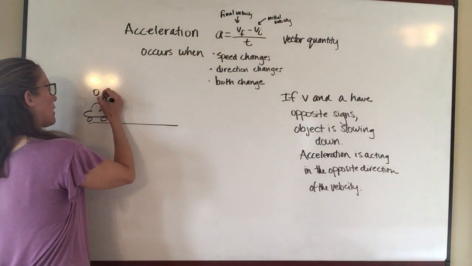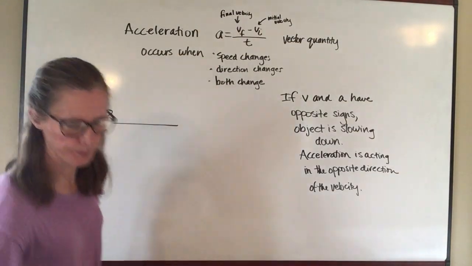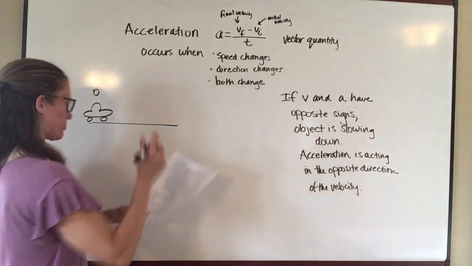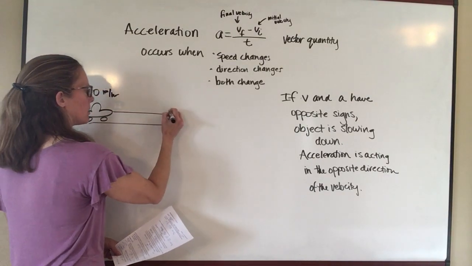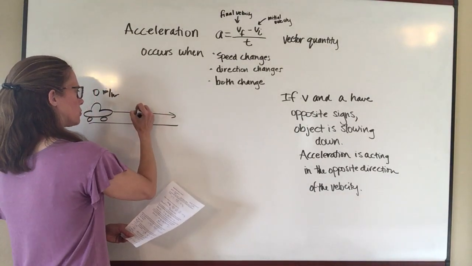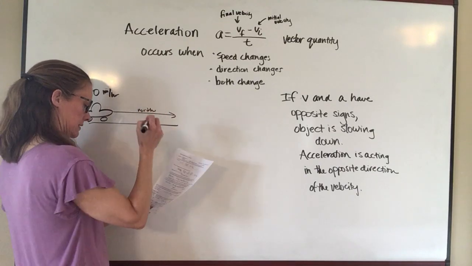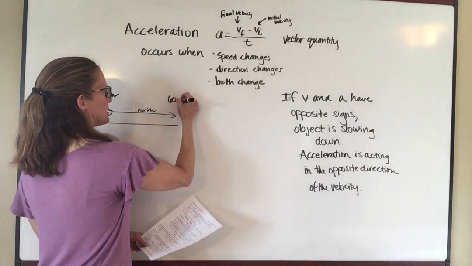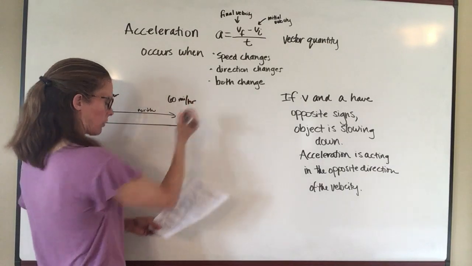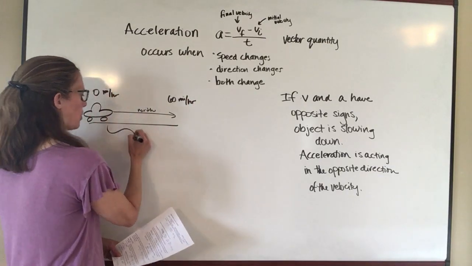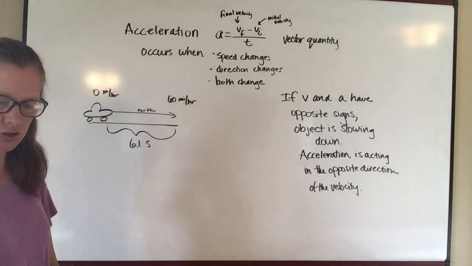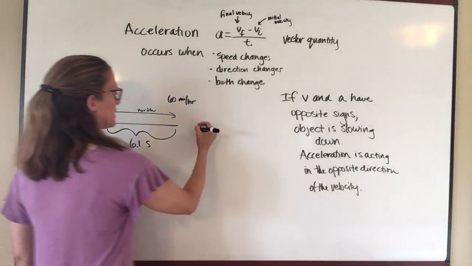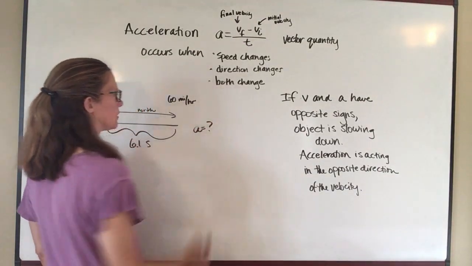He starts out at 0 miles per hour. And he goes this way, which is north, and he gets up to 60 miles per hour once he gets up here, and this whole thing has taken him 6.1 seconds. And so I want to know what the acceleration is here.